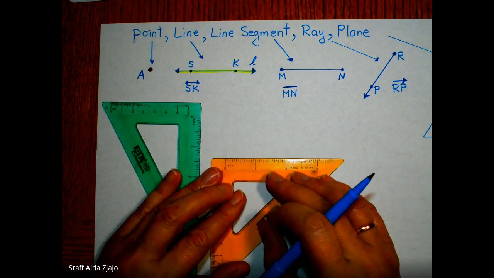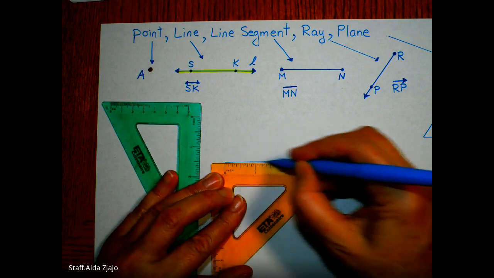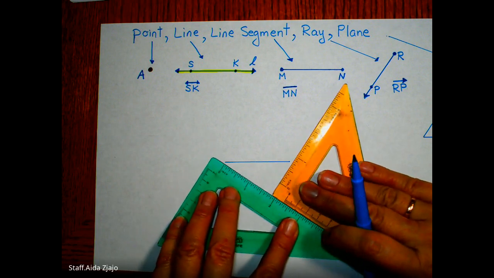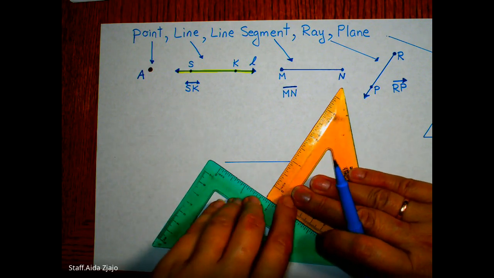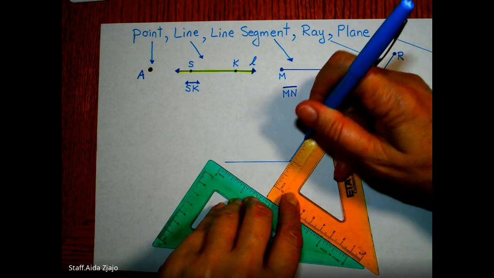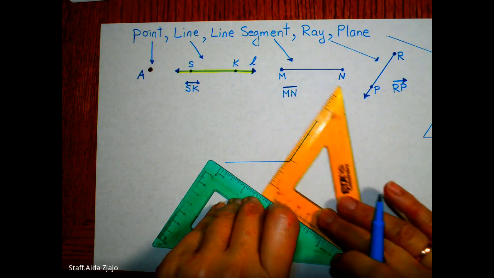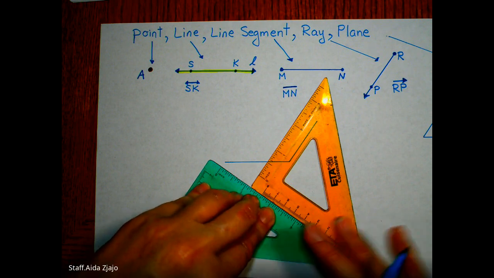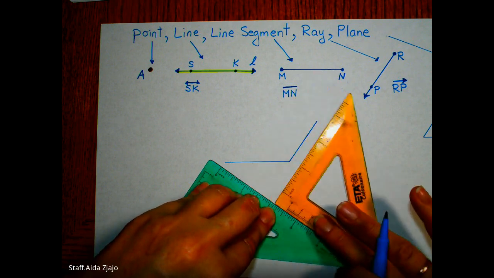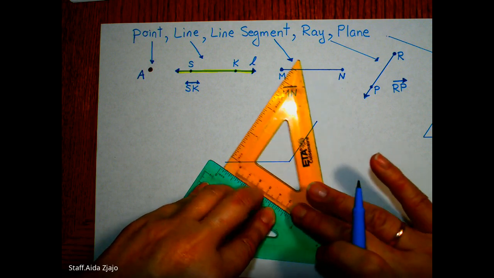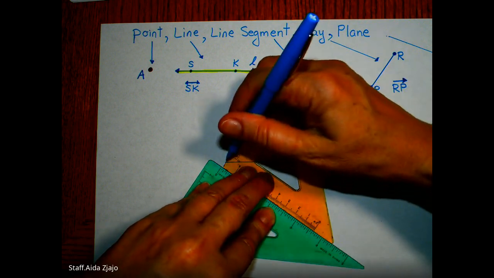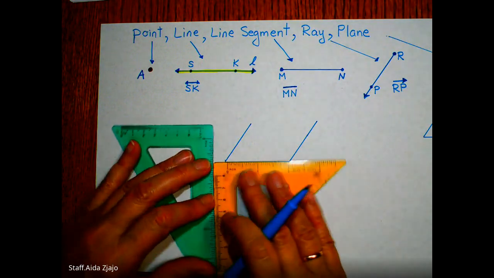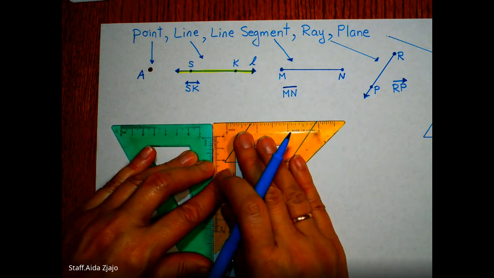So let's make a parallelogram. If I make one line, I can use my rulers to help myself draw parallel lines. So this is going to be my parallel line. I'm going to keep the green ruler very steady, and with just one finger I can move the other to draw a line that is exactly parallel to the opposite one, and then I can do the bottom.